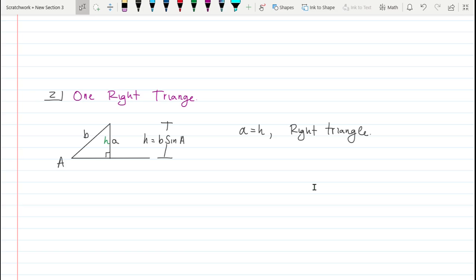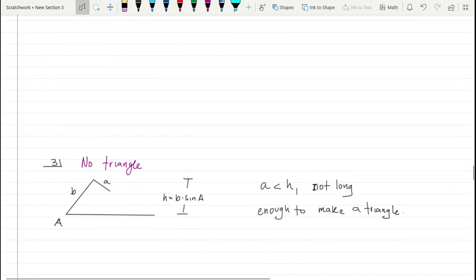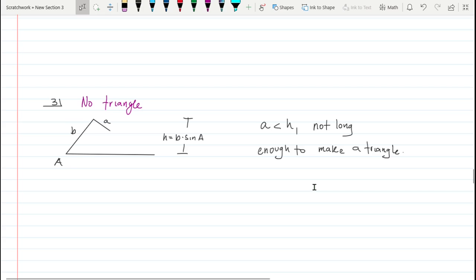Now the other cases are going to be no triangle, right, when A is shorter than the height. You have a dangling side that is not long enough to close the shape. So we can't have a triangle, okay?